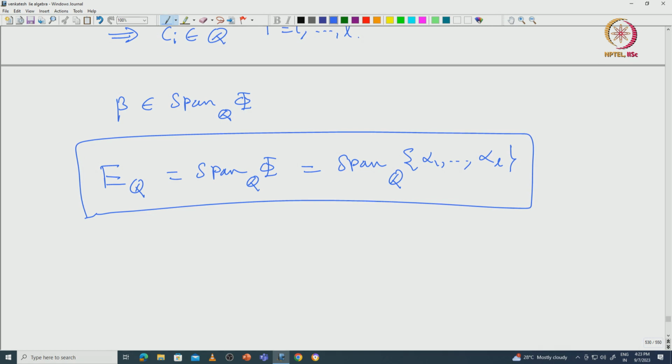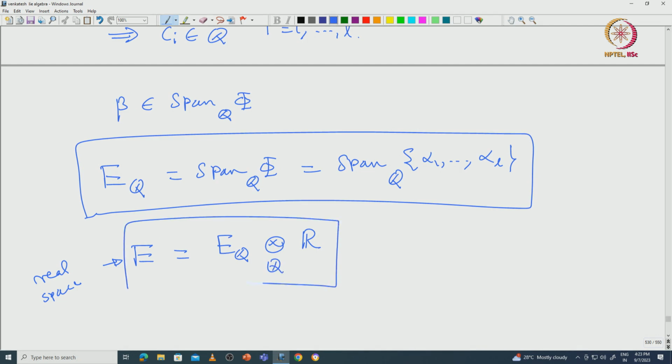Of course, to get a real vector space, we just tensor over Q with the reals. To get this real space, which we denote by E, we take E_Q and extend the scalars from Q to R.